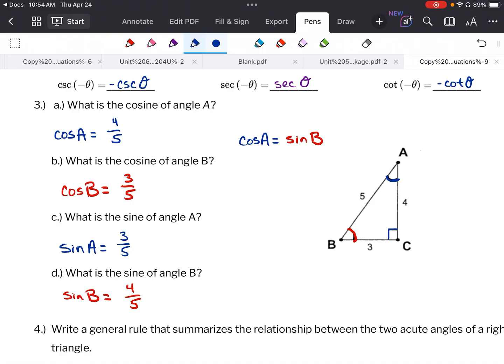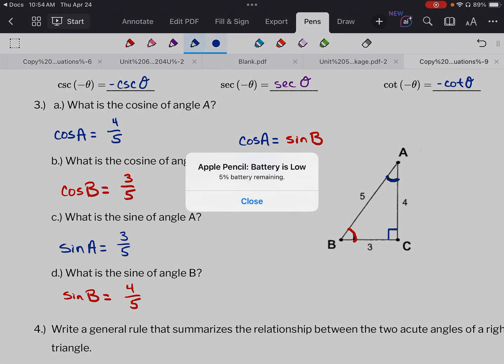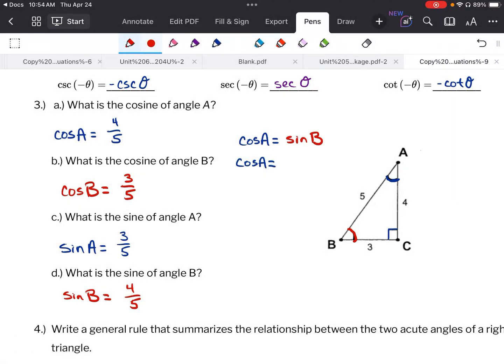So we know that the other two angles have to equal 90 when added together. And that tells us that cos of A, if we're looking at angle B, must actually be the sine of 90 take away A, right? B is what's remaining when you subtract angle A from 90.